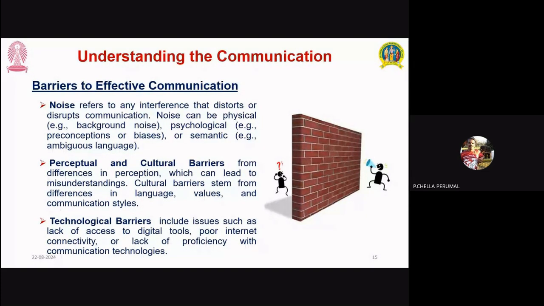The technological barrier includes issues such as lack of access to digital tools, poor internet connectivity, or lack of proficiency with communication technologies. For example, during the COVID-19 pandemic, many institutions shifted to online teaching, but not all faculty members were equally adept at using digital platforms.